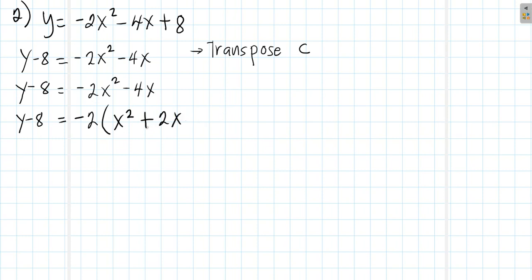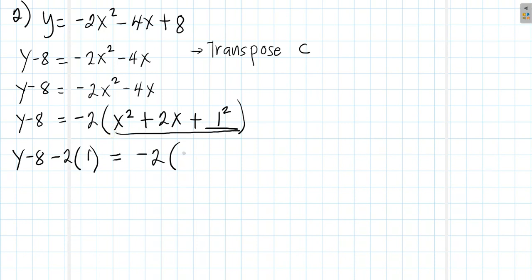And then we are going to get 1/2 of the middle term and square it. And since you added 1 here, you also add, so multiply this by negative 2 times 1 equals negative 2, and then this is now a perfect trinomial, so x plus 1 squared.